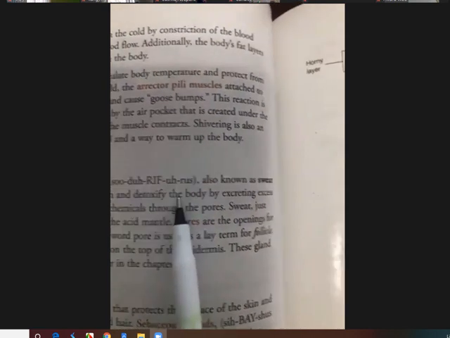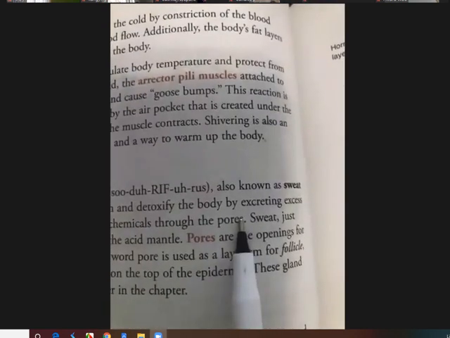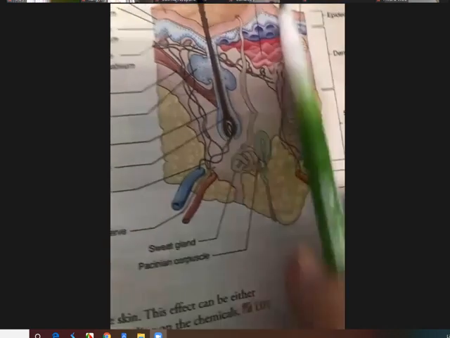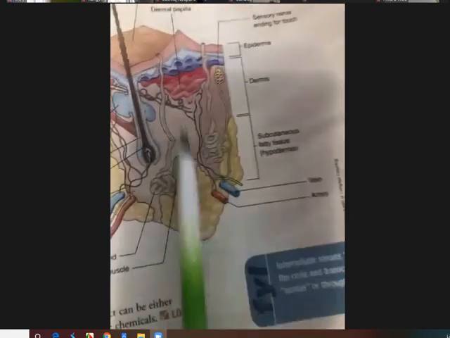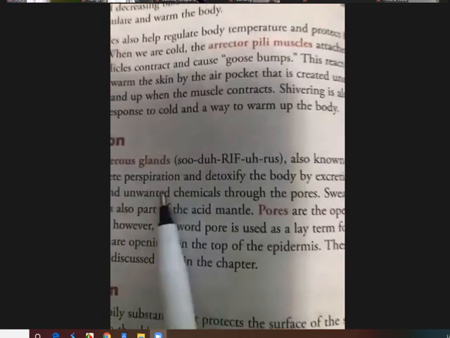So detoxify the body by excreting excess water, salt, and unwanted chemicals through the pores. Okay, so the sweat glands, okay, when we sweat, okay, it helps us to get rid of excessive water, salt, and unwanted chemicals through the pores.